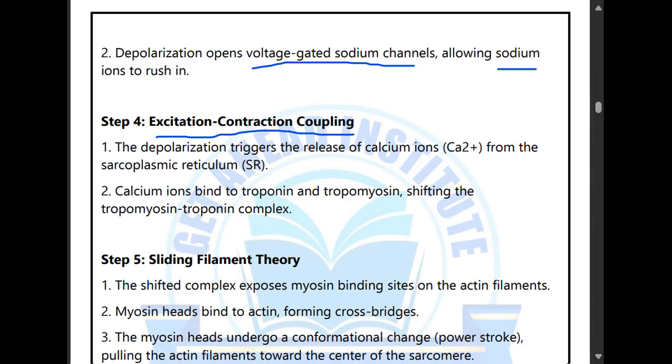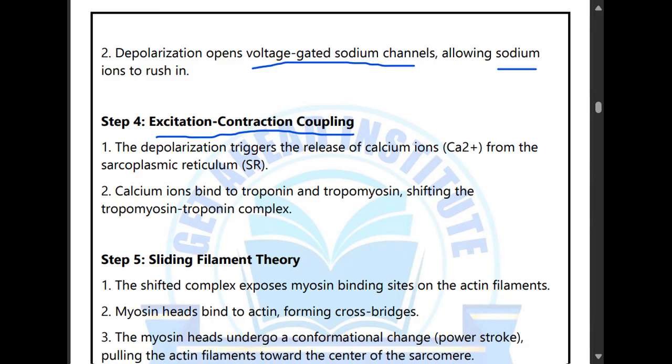On the postsynaptic membrane, we have post-junctional folds and ligand-gated ion channels, specifically nicotinic receptors.